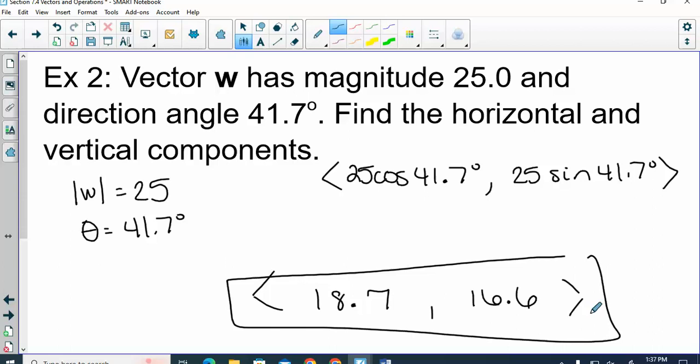So I get a vector 18.7, 16.6. Let's do the same thing from a picture. Is everyone okay with that one?